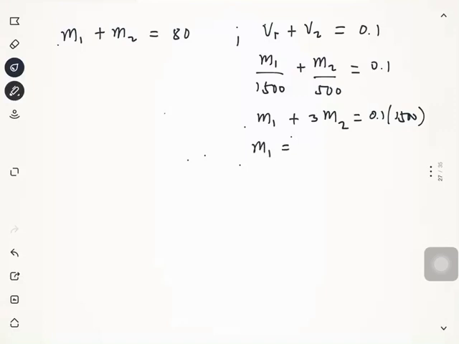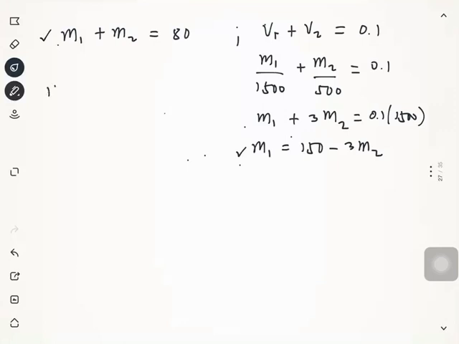So therefore you have mass 1, which is equivalent to 150 minus 3 m2. So we're going to substitute mass 1 here.